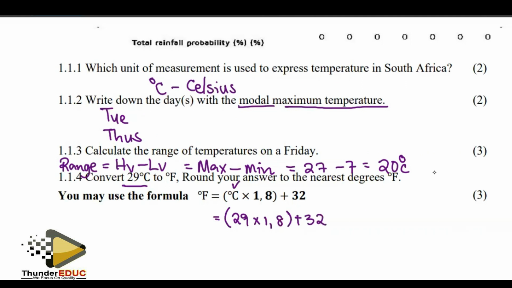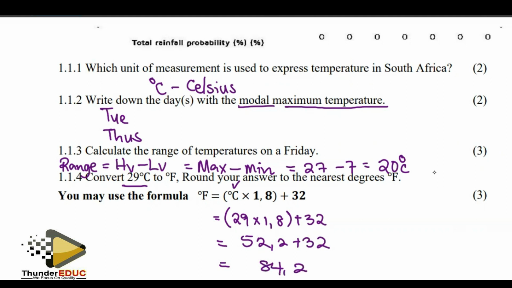Now, when we multiply 29 times 1,8, you have 52,2, plus 32. The answer became 84,2.